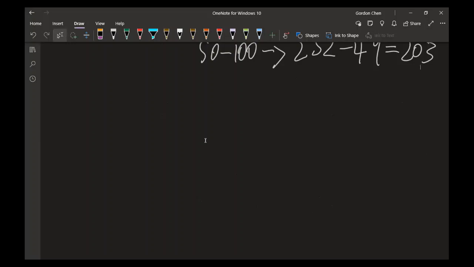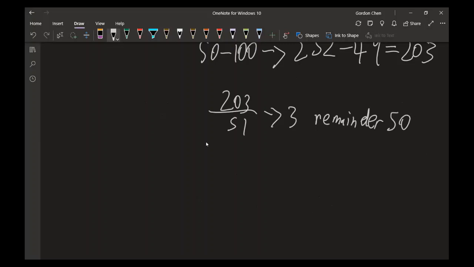There are 203 cans, and there are 51 remaining people. So 203 when divided among 51 is 3 with a remainder of 50.